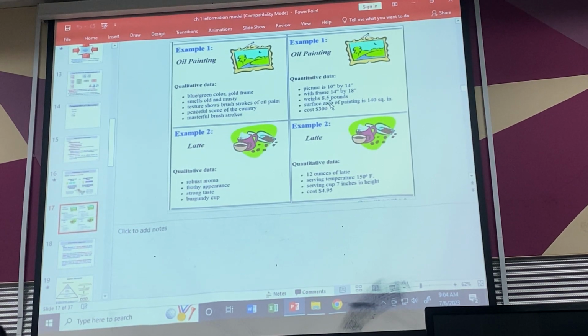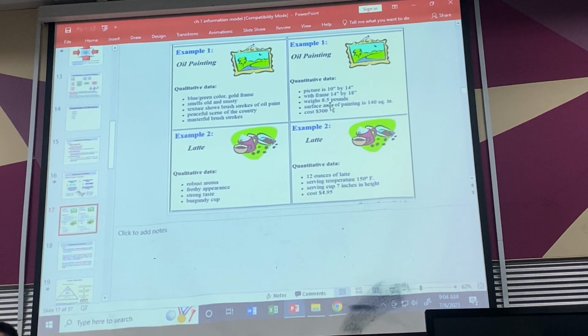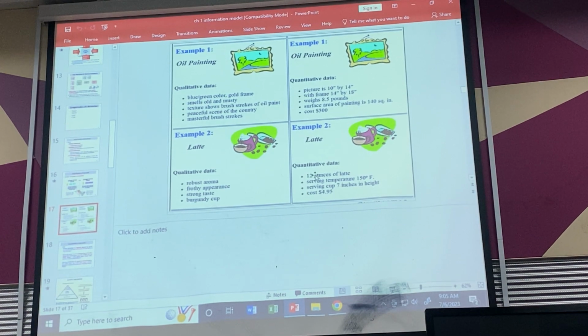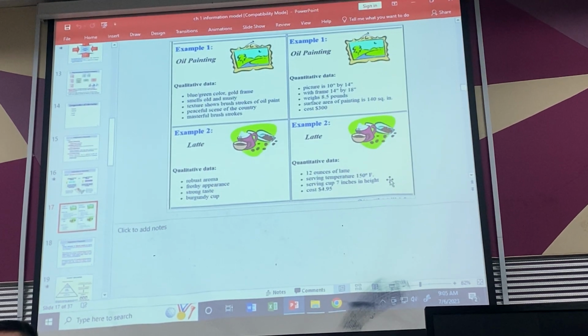The cost is this. All numbers are in the quantitative. Those characteristics are all in the qualitative. They also have a latte: strong taste, this and that. This one has the ounces of the taste, the temperature, cost, carbs and so on. Numbers.